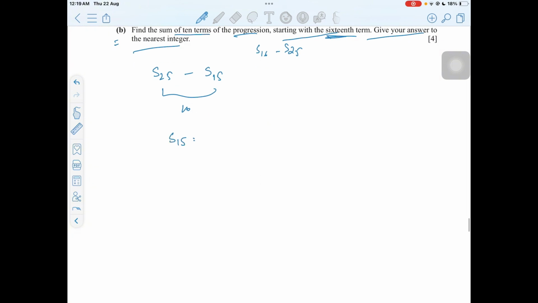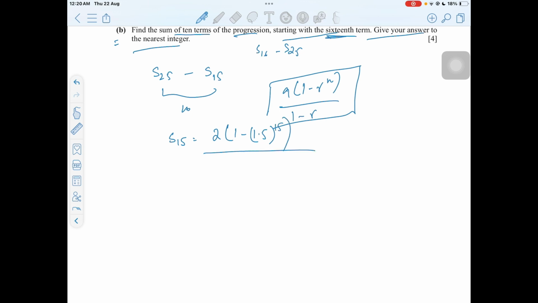We have our S15 formula as 2, that is a times 1 minus r power n over 1 minus r. This is given in the formula sheet, right? So I'm just plugging in the values. This would be 1.5 as our r. We have our n as 15, and this would be 1 minus 1.5.